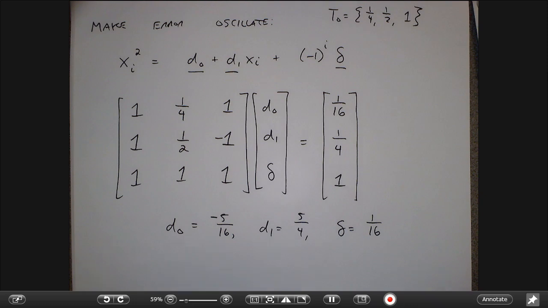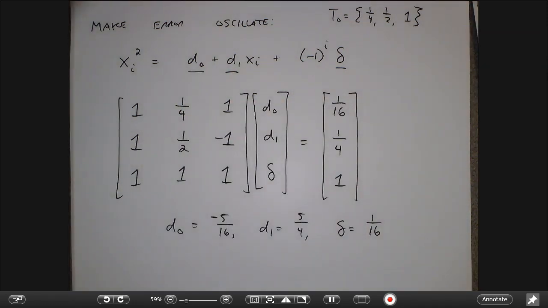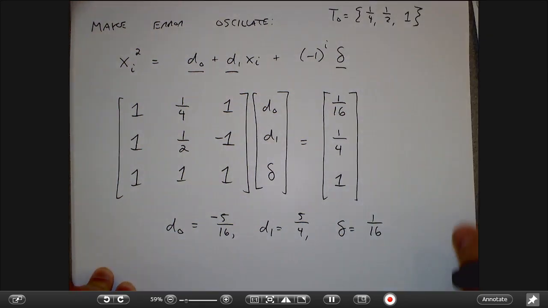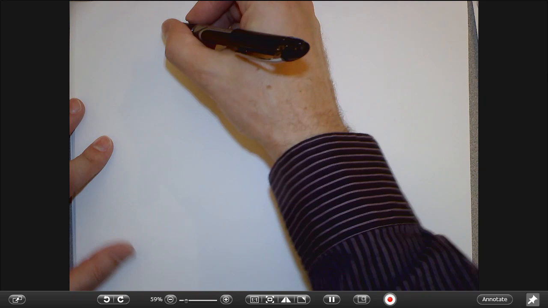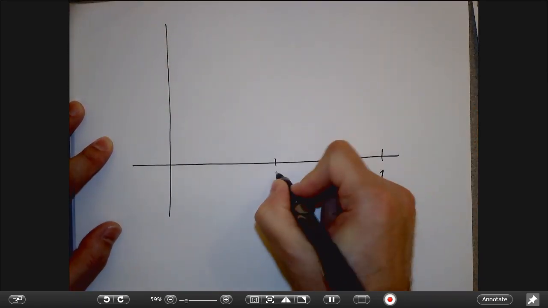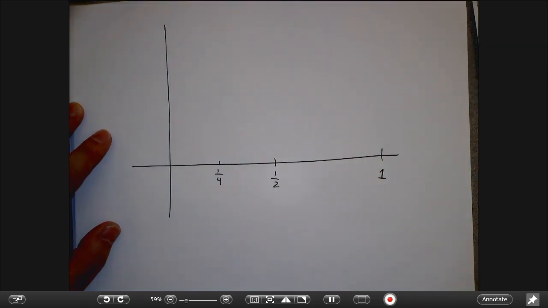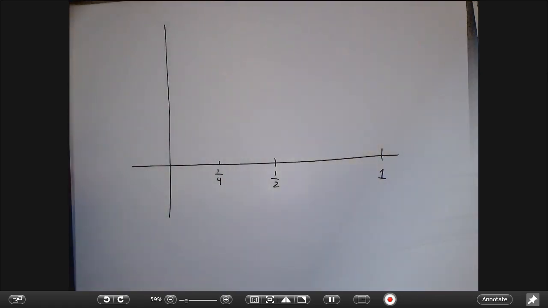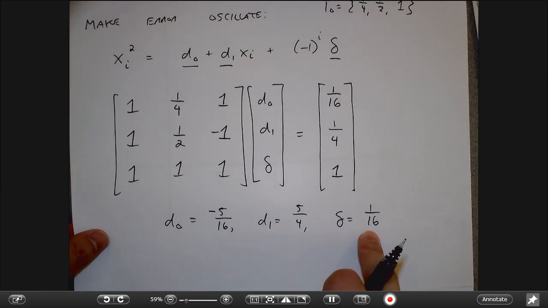That means that now I can plot the corresponding function and compare it to my desired function. So what do I do if I get that? Okay, so now I've got my graph that says, okay, over 0 to 1, here were my places where I guessed. And what I found out was that I could make the error differ from x squared by 1/16 at these points, right?